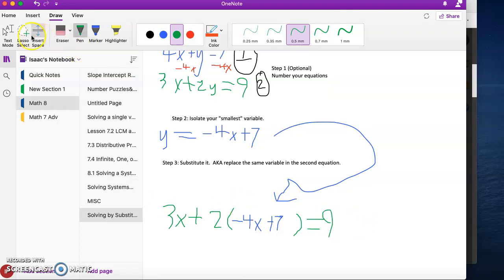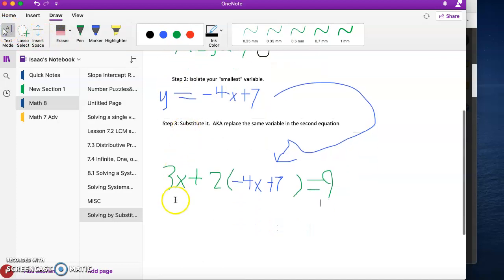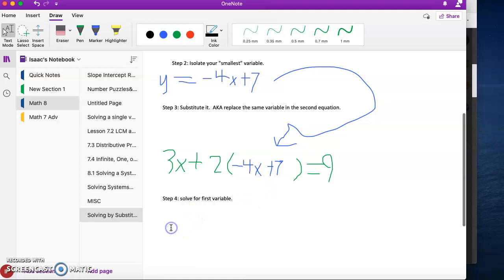Now we're going to say step 4. Solve for first variable. So in this case, because now I have nothing but x's in this one, I'm going to solve for x.